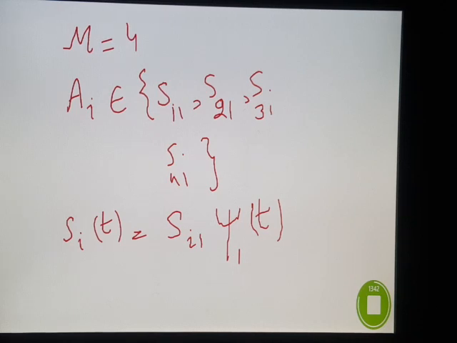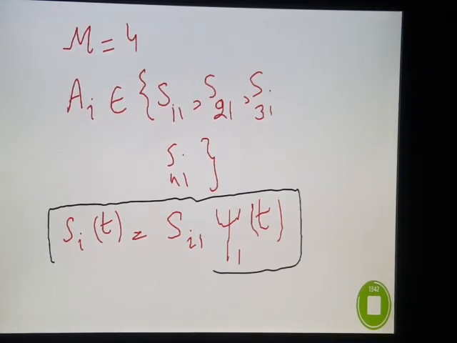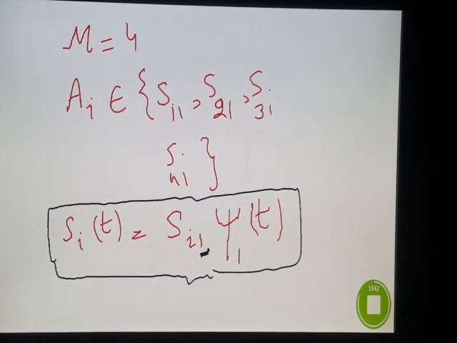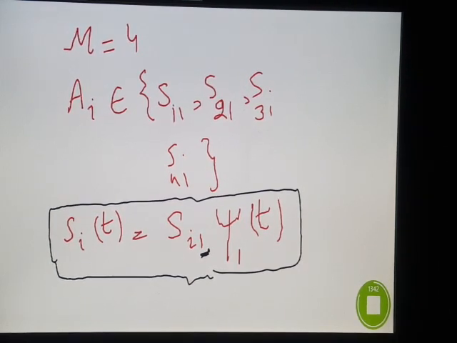So this would be a proper notation, consistent with our previous knowledge, because we represent this over the first orthonormal basis function. We use the second subscript for identifying the basis function.